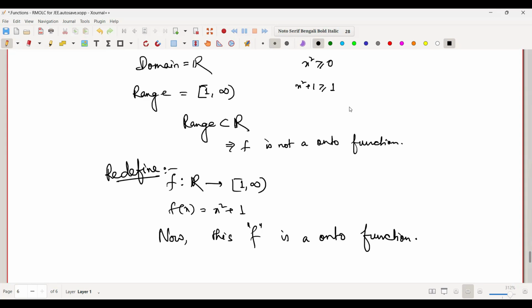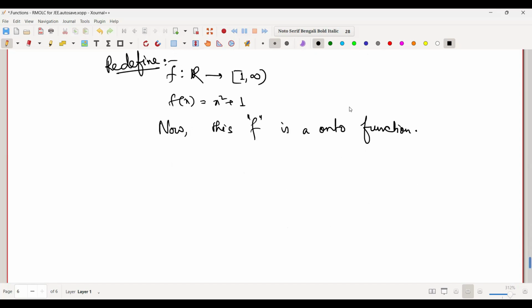See how we changed a non-onto function to an onto function by redefining the codomain. We redefined the codomain with the range, we restricted the codomain R to between 1 and infinity. So now this function is an onto function.